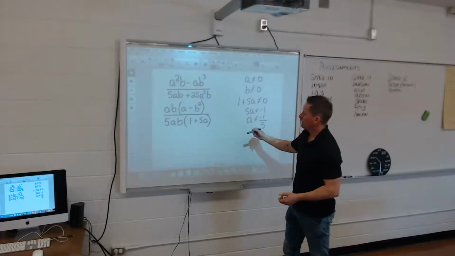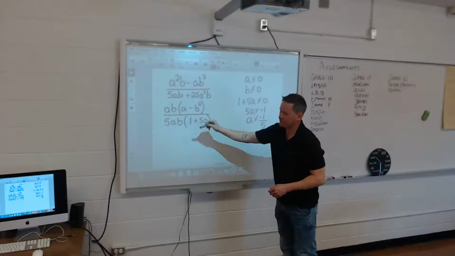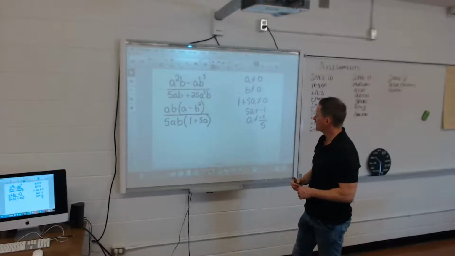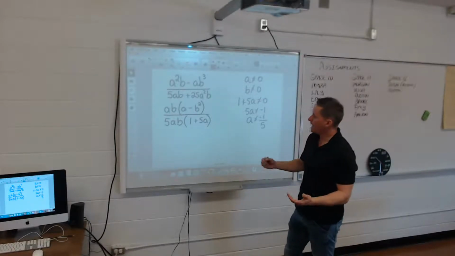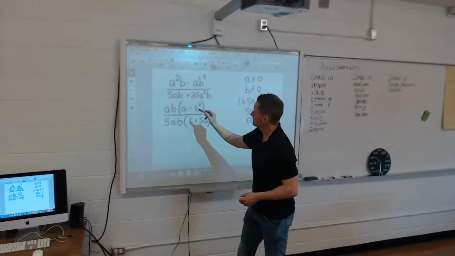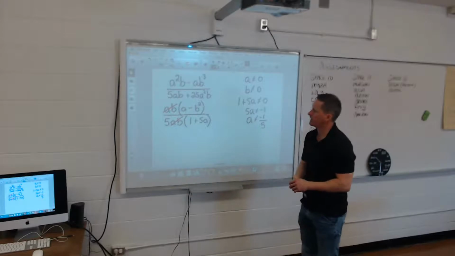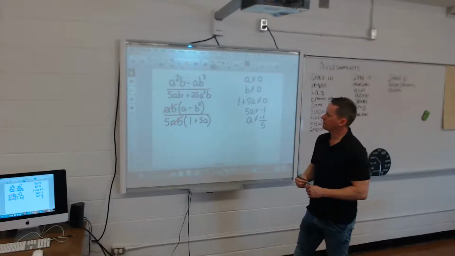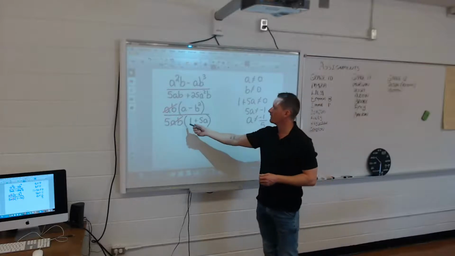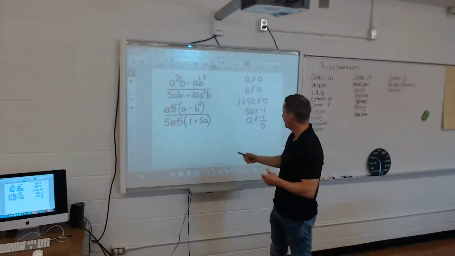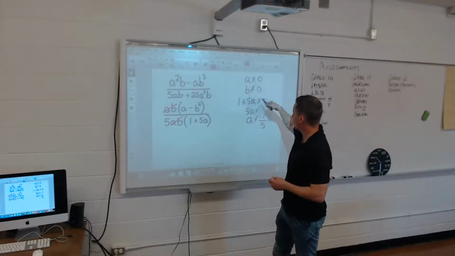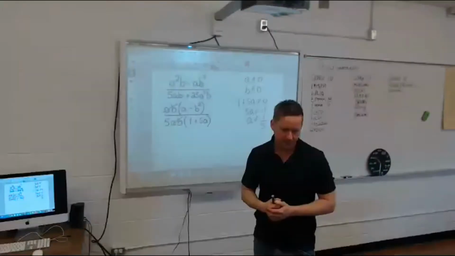So that's a tricky one right here. Okay. And then to simplify this, AB divided by AB leaves me with that, and that's what you're left with. So the answer would be A minus B squared over 5 times 1 plus 5A, and then A can equal 0, -1 over 5, and B. Okay?